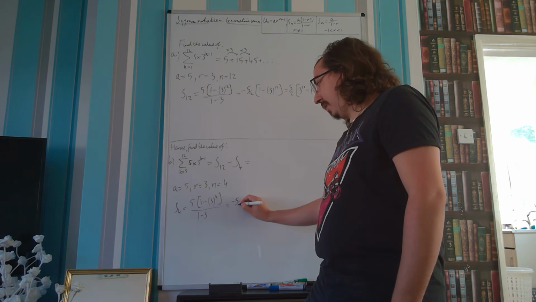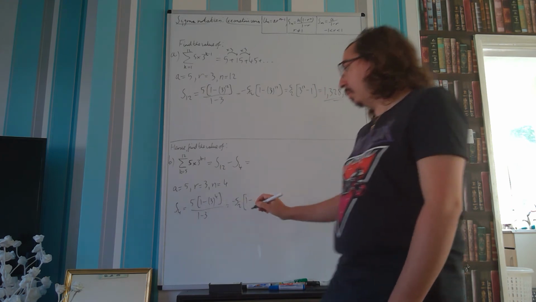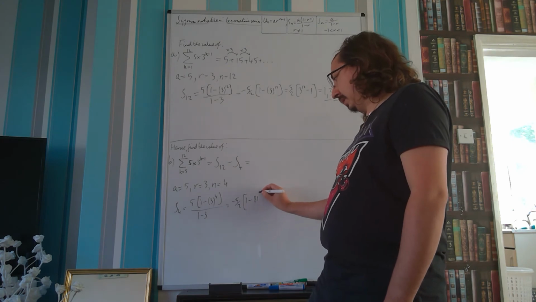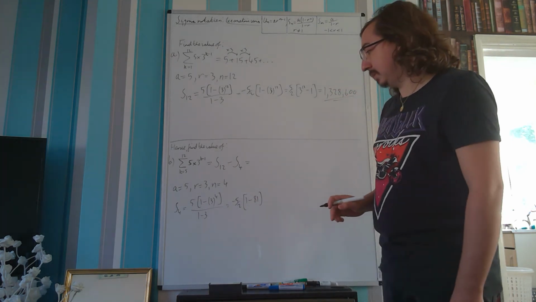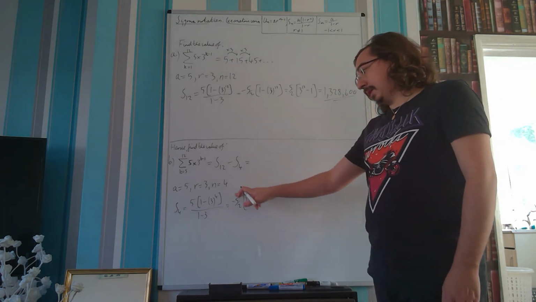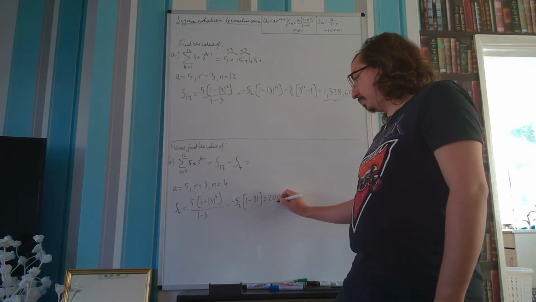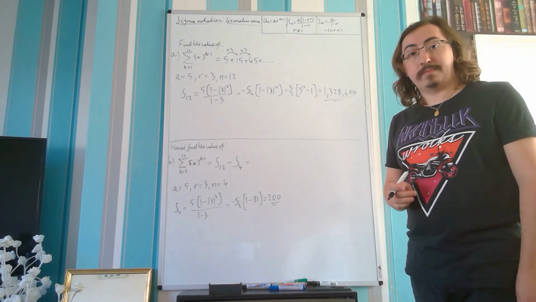So we've got minus 5 over 2, 1 minus 3 to the power of 4, which is 81. 1 minus 81 is minus 80, times minus 5 over 2 gets plus 200.